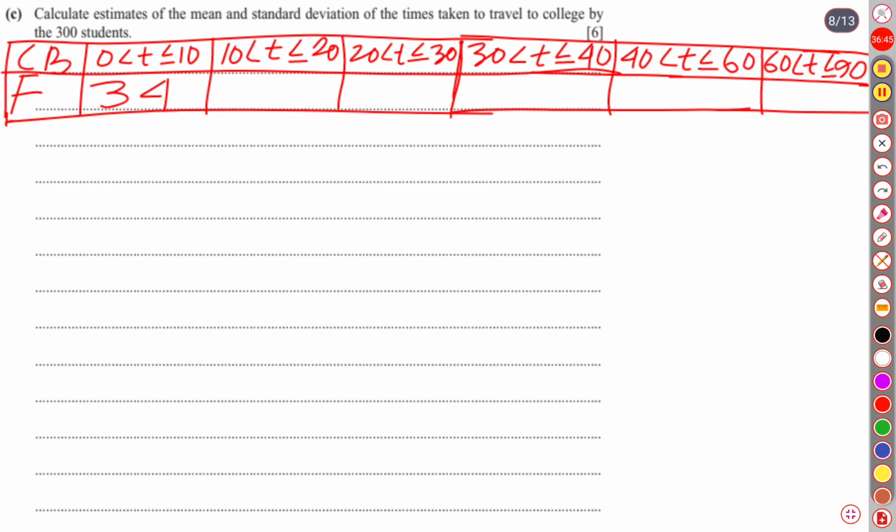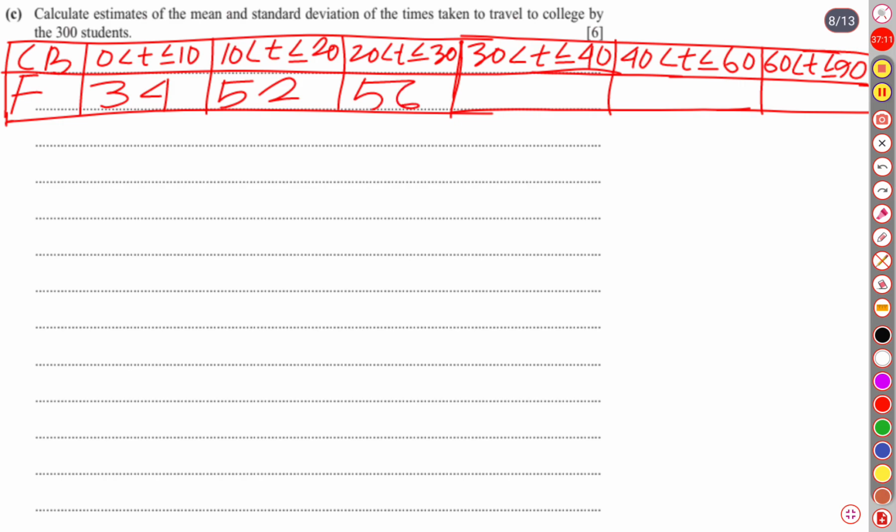For the second one, you will have to subtract the previous cumulative frequency. From 86, if we subtract 34, it is going to be 52. Then 142 minus 86 is 56.